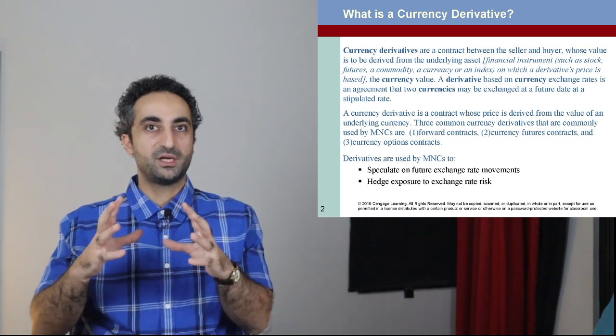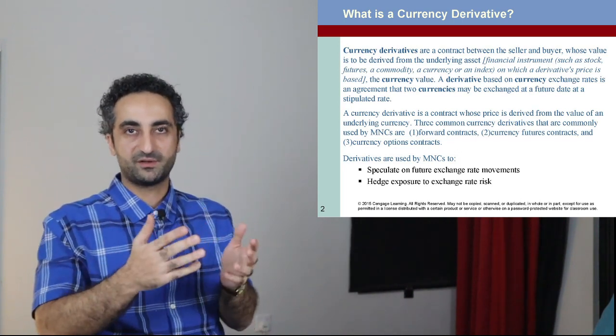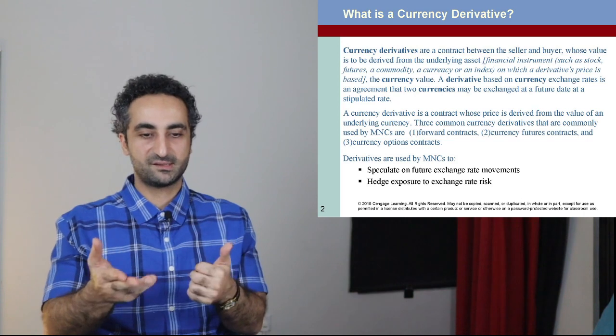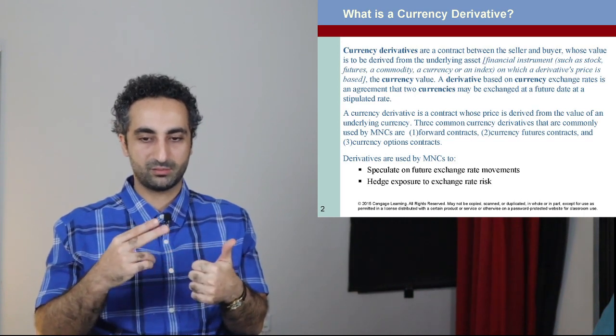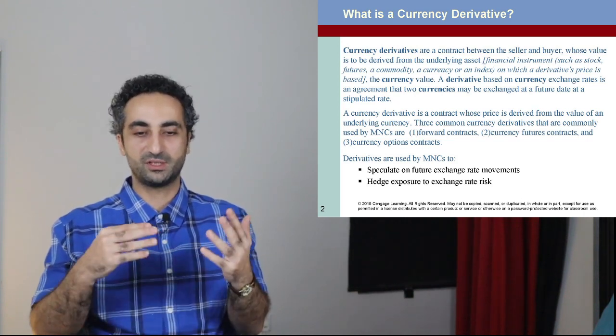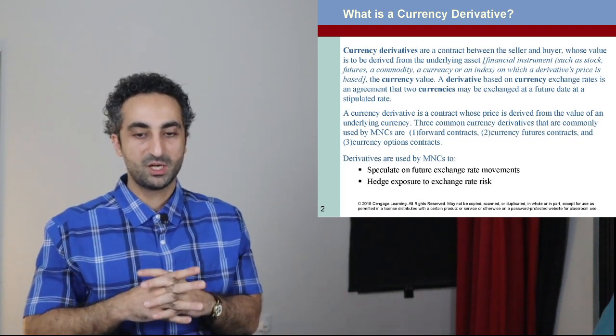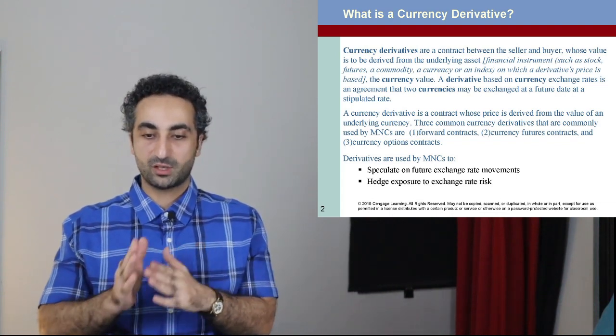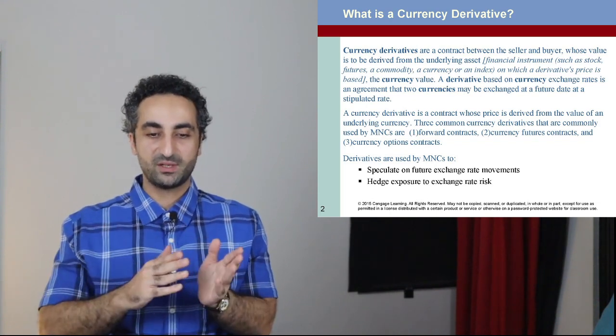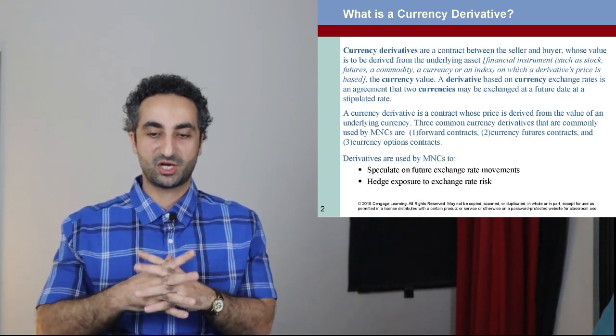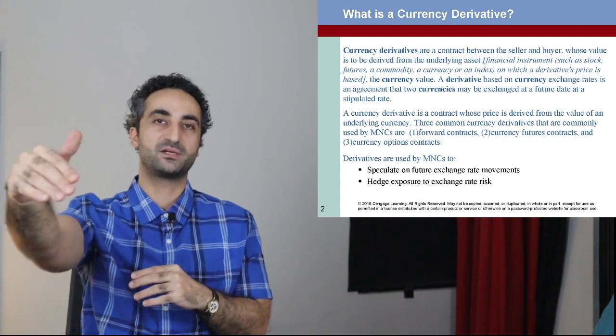In general, a derivative can be for any asset such as stock, futures, commodity, or a currency, or an index also. Okay, so a derivative based on currency exchange rates is an agreement that the two currencies may be exchanged at a future date at a stipulated rate.